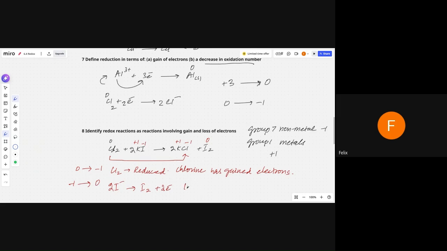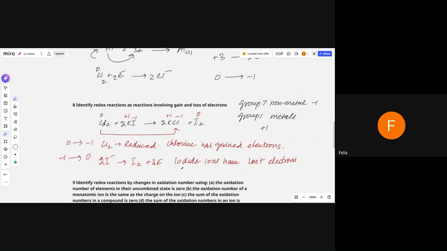I will say that iodide ions have lost electrons, or we can say that iodine got oxidized. I hope this is clear.